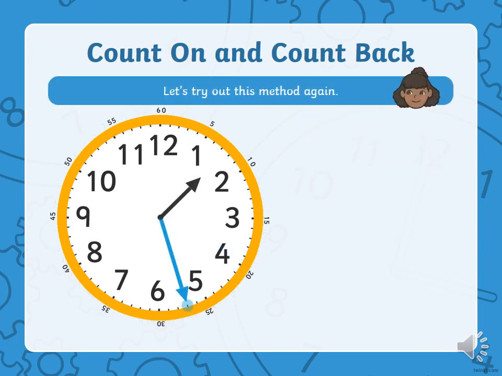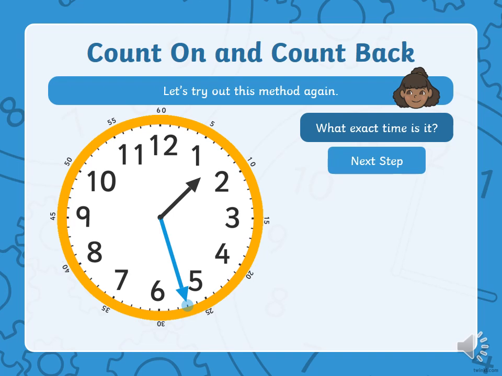Okay, let's try out this method again. What exact time is it? So make sure you look at the hour hand and the minute hand. The minute hand you can count up, but the hour hand is the one that's quite complicated to read or to understand, as sometimes it can fall in the middle or close to numbers.